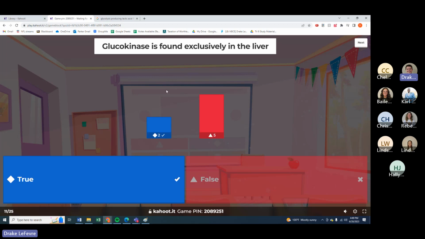They do it slightly differently to allow for the release again of glucose back into the bloodstream from the liver. That's as deep as we're going to go, because any deeper cuts into stuff you'll learn later on, and it's a little bit above y'all's pay grade right now, so don't worry too much about that. Just understand that glucokinase is concentrated in the liver, and hexokinase is found in all of the cells.